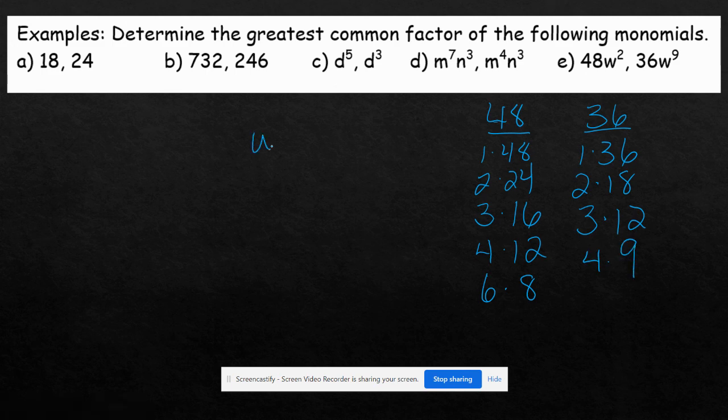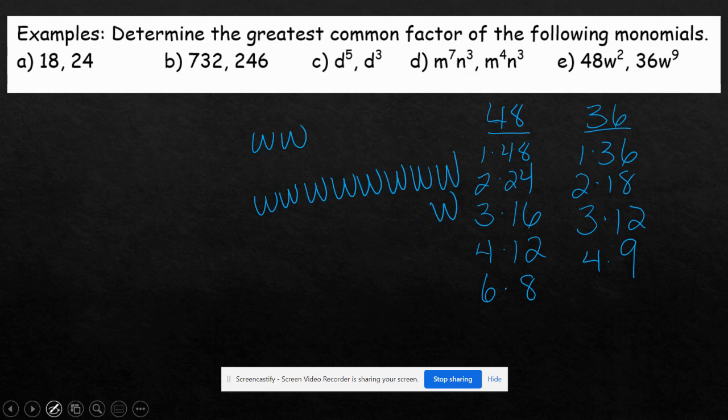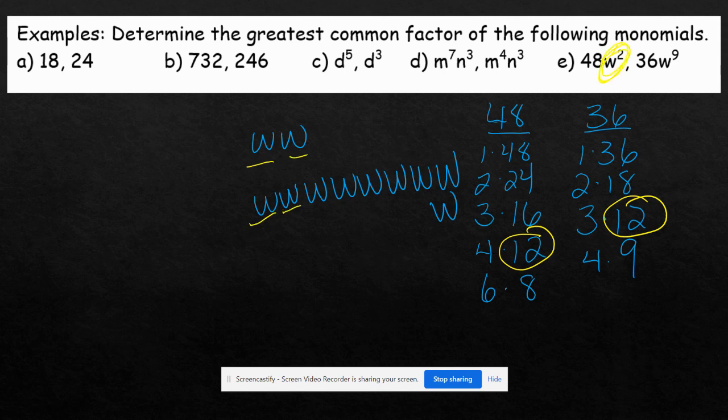Then we have 2 W's, and then 9. And so if we take a look in there, looks like my biggest number is 12. And then the most W's I can match is 2, which again is that smaller exponent of the two variables. So that would make the GCF for that 12 W squared.